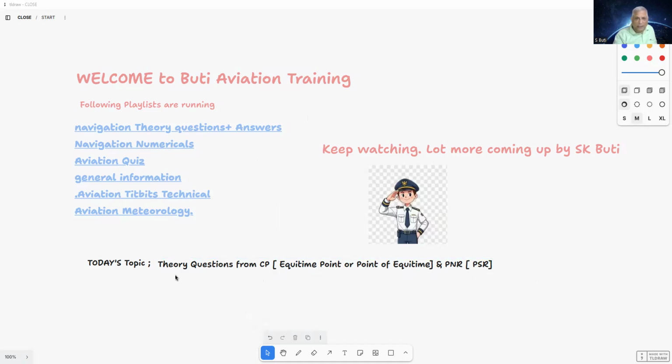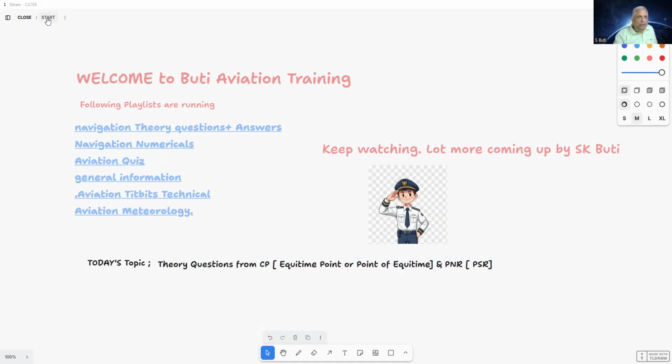Today's topic is theory questions from critical point, which is also known as equitime point or point of equitime, and a point called point of no return, which is now called point of safe return, PSR, also sometimes known as ROA, radius of action.